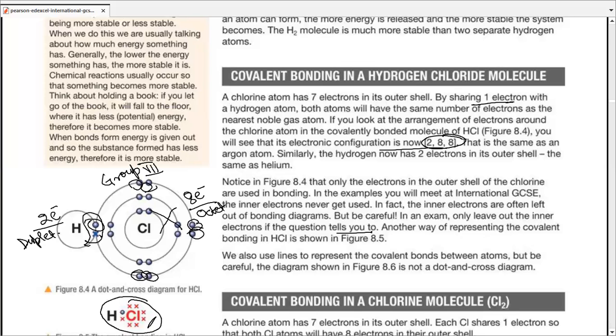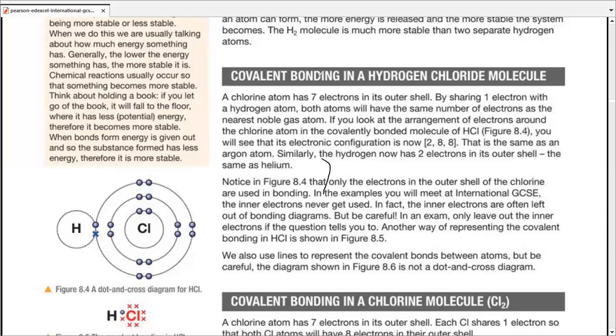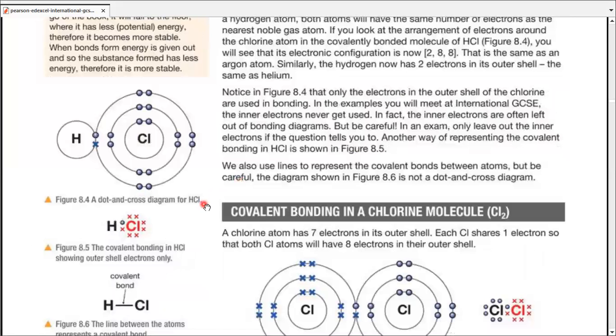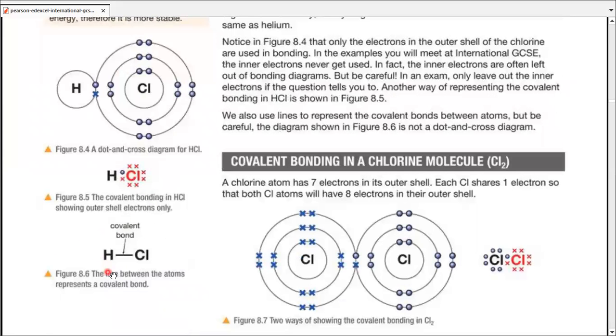Now, when we draw covalent bonds between atoms, we use lines instead of dots and crosses. So if I move forward, you would see a structure like this. A single line represents a covalent bond when one electron was shared from both of the covalently bonded atoms, 1 electron from each one.